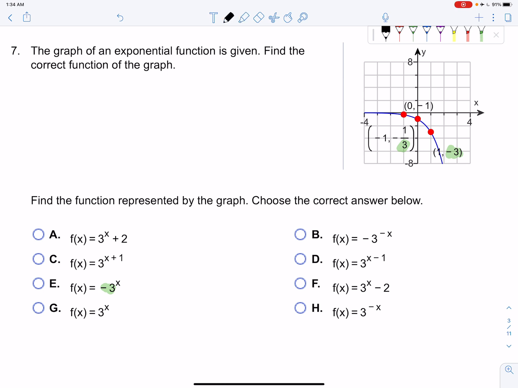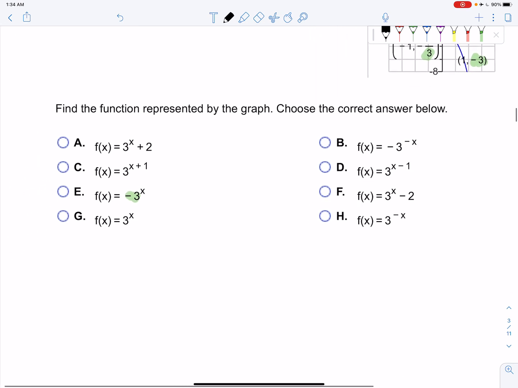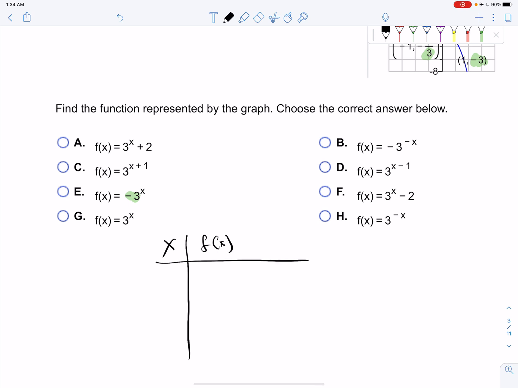Since you don't have a lot of experience with this, why don't we just go ahead and do some testing and see what happens. So let's take f of x, and in this case we're going to use this idea of negative 3 to the x power. Once again, we're going to use a 0 first of all, and 3 to the 0 power is 1, but you still have that negative there.